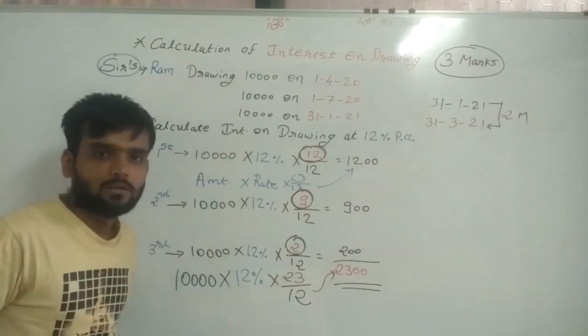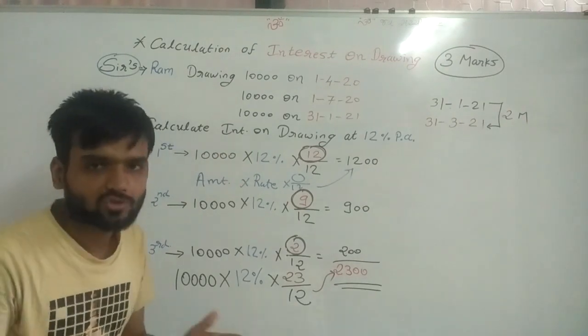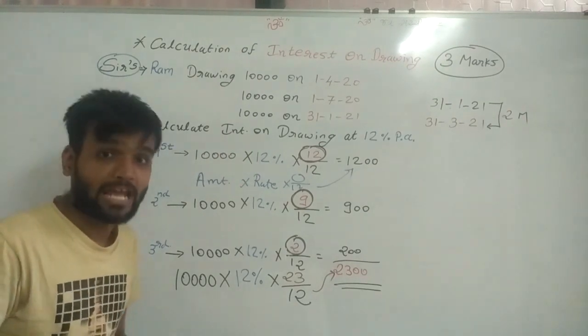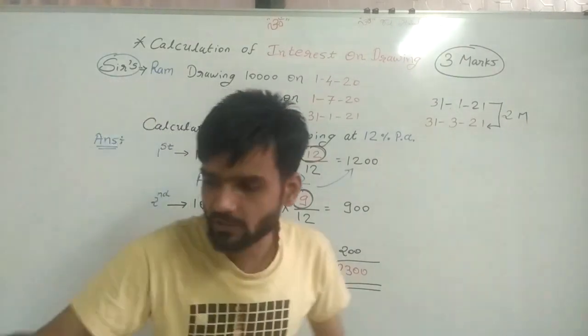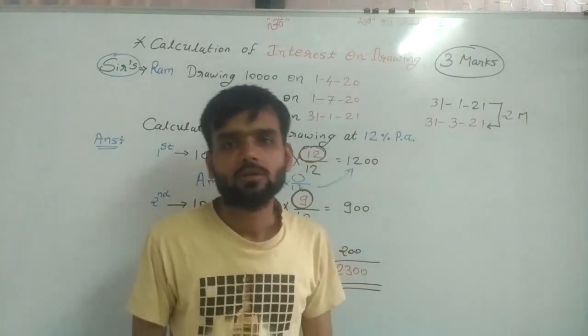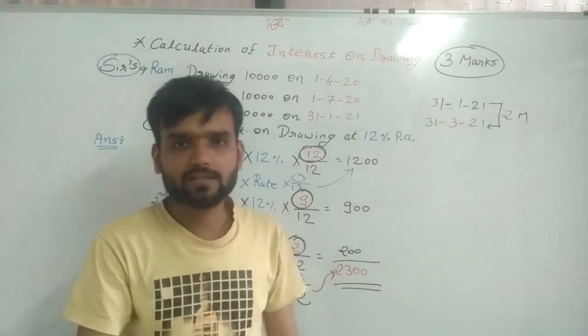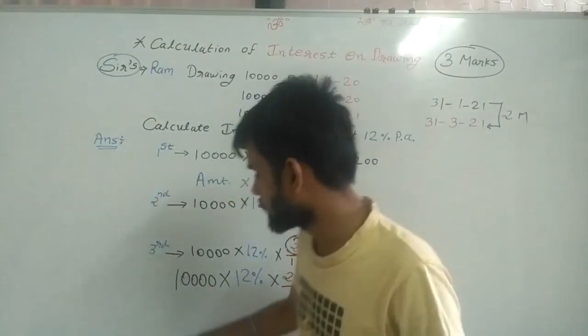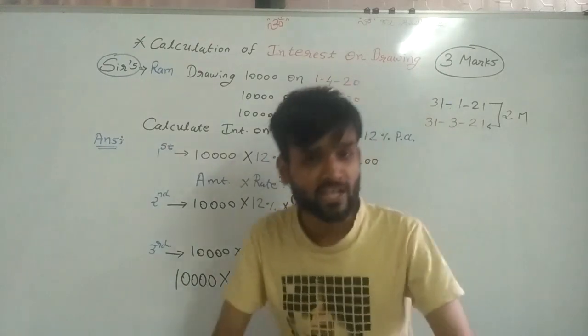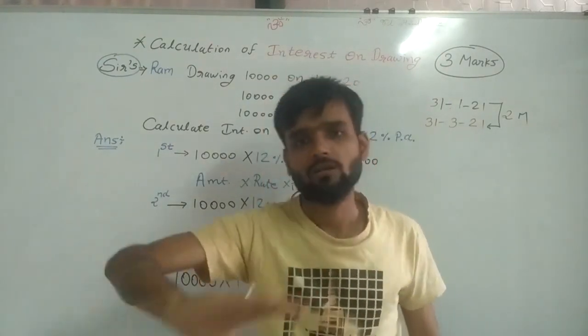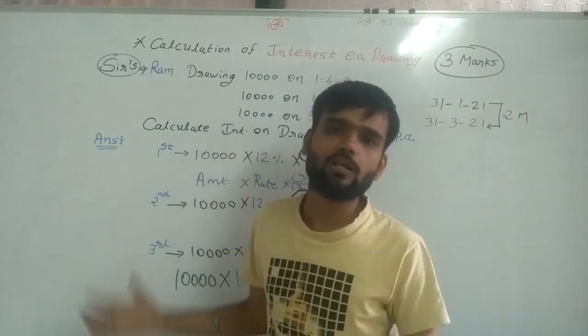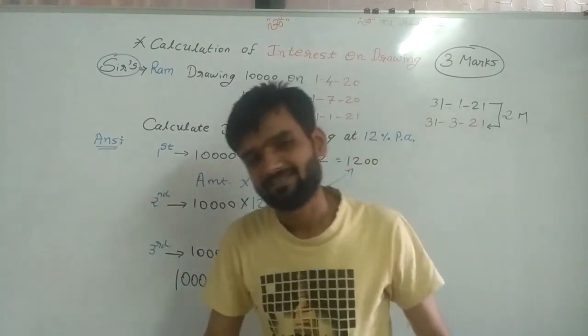Suppose the amount is changed, then it is not possible to calculate this way. On this basis we have to do the sums given in your textbook. Whatever is given in your textbook is done easily on the basis of this last calculation. Thank you very much. In the next lecture we will see an advanced step for this interest on drawing. Thank you very much.